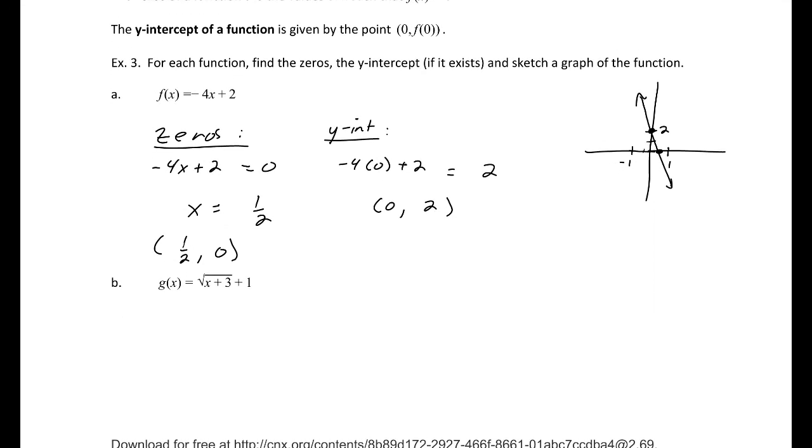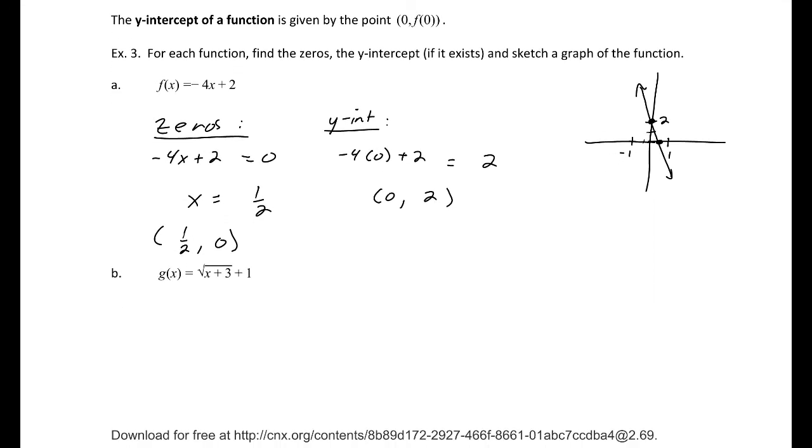And our second function here, find the zeros. Alright, the square root of x plus 3, plus 1 equals 0. Subtracting 1 from both sides, we get the square root of x plus 3 equals -1. Squaring both sides, x plus 3 is +1, which makes x equal to -2.